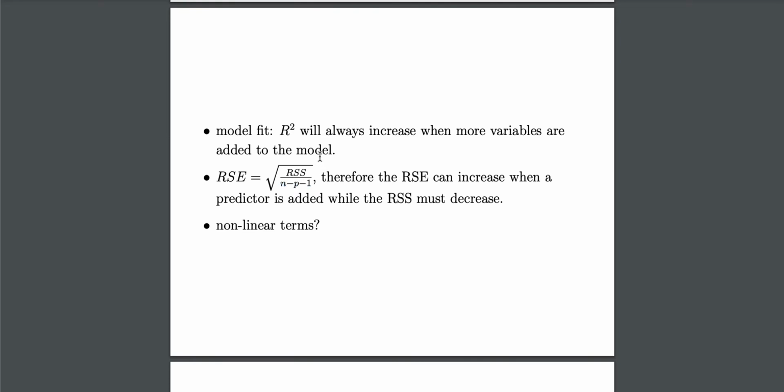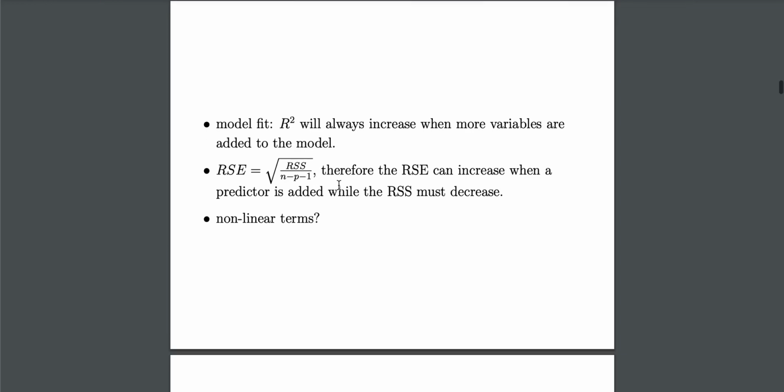And it is possible that when you add predictors, the RSE can increase slightly. Because yes, the residual sum of squares reduces, but so does n minus p minus 1, because as we add more variables, we are also increasing p. Okay, so that's just something to remember.